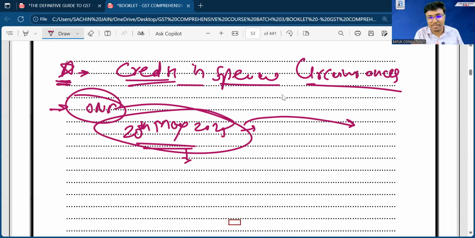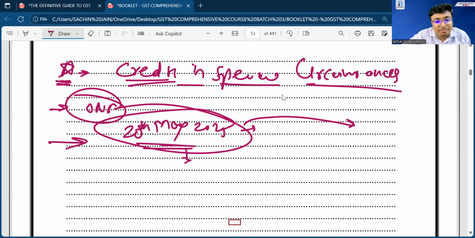Before 20th May 2025, I had bought certain goods, and the same goods I was selling in the market. But at that time I had not claimed the input tax credit, the tax charged by my supplier, because I was not registered under GST.